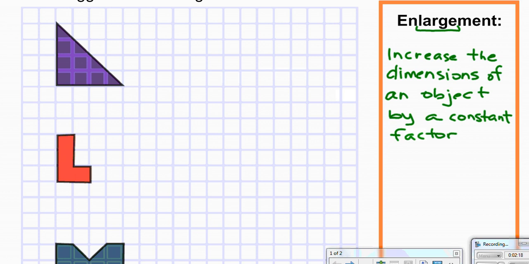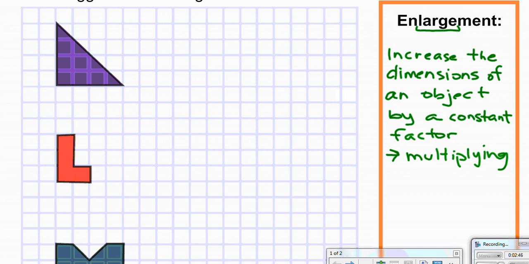And so this means we are going to be multiplying. Okay, so just by adding 1 to the side lengths, that's not an enlargement. An enlargement is actually using a factor, so multiplying each side length by the same constant amount to make all side lengths larger by the same amount, keeping the ratio equal.